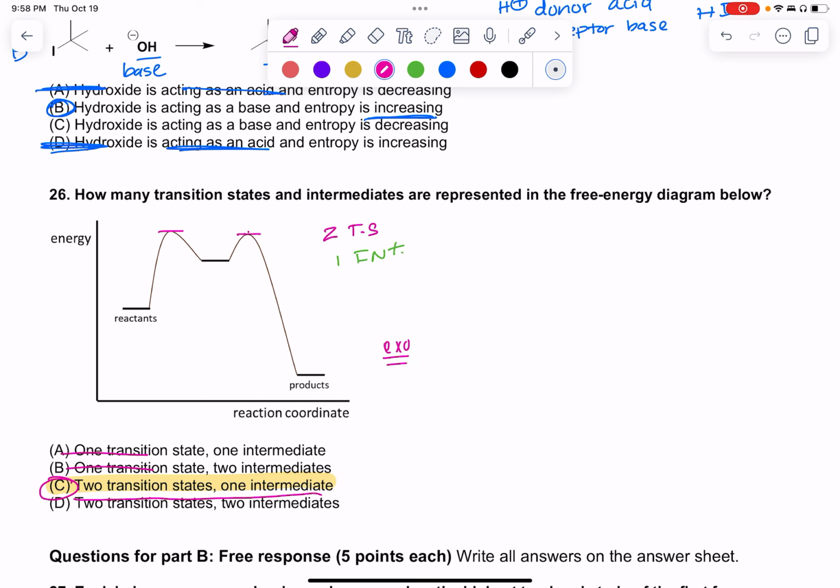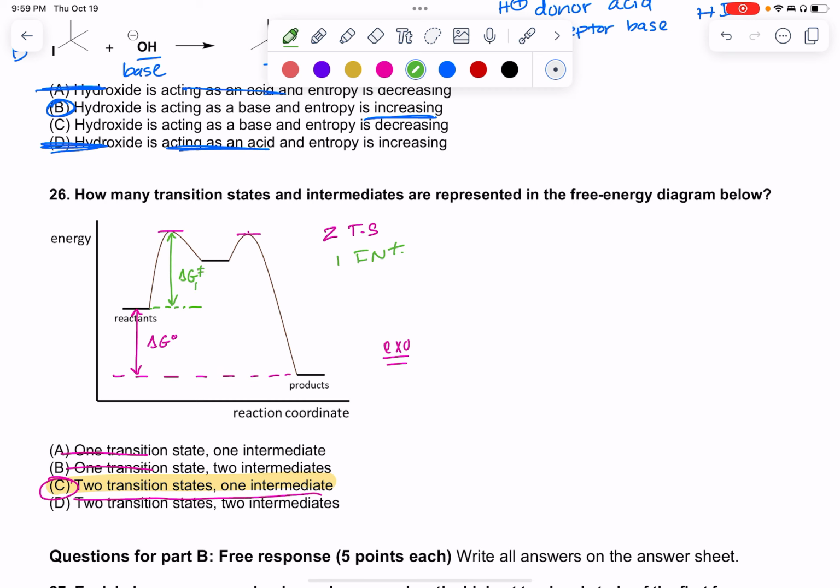And we can say here, our reactants came from here and they traveled all the way down here to get to products. That's our delta G naught. And then our reactants had to go here to here. That's delta G double dagger.